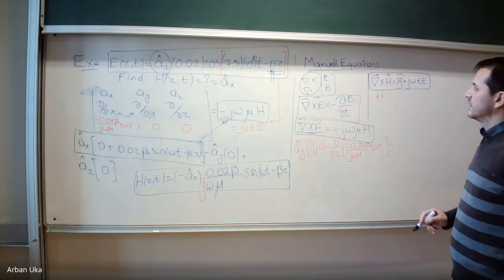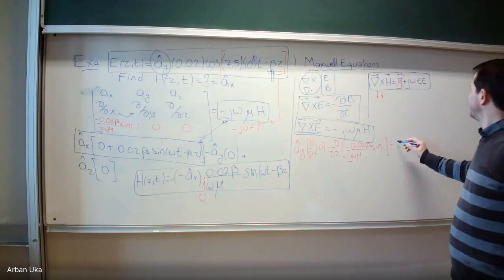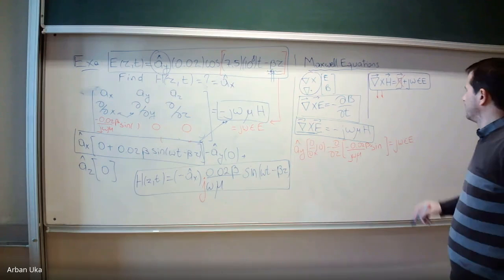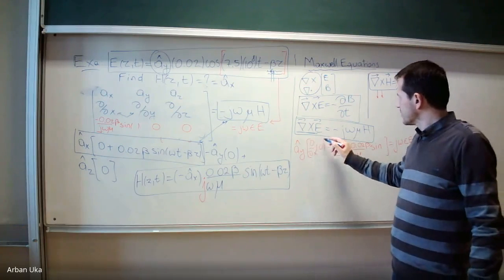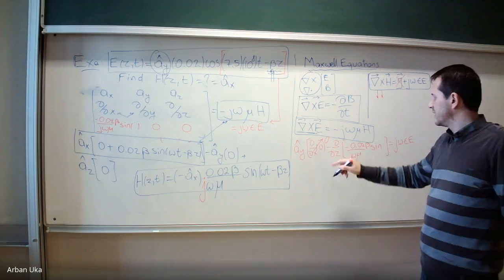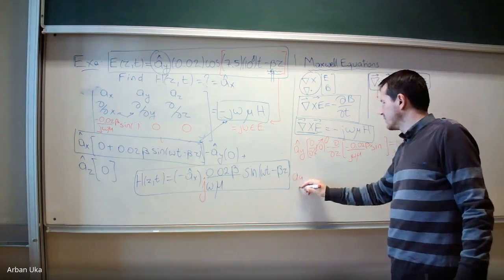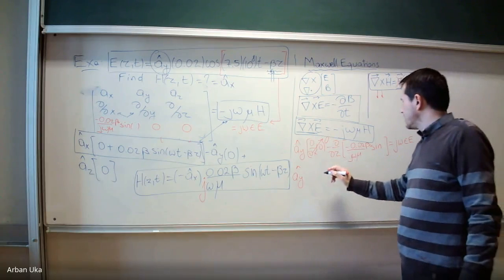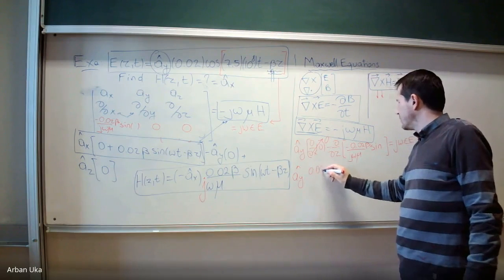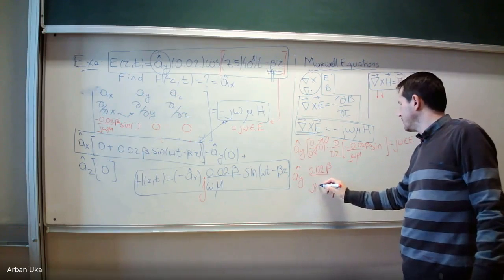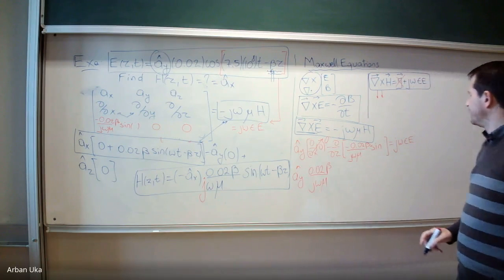This whole thing is equal to, this is a 0, and then we have a minus sign here, we're left with the AY. Minus signs are going away, times 0.02 beta over j omega mu.